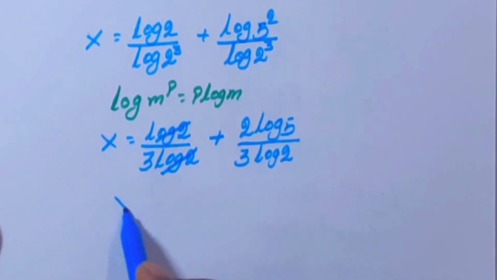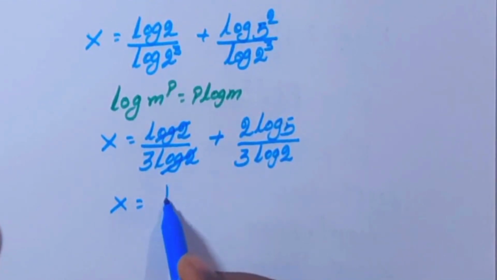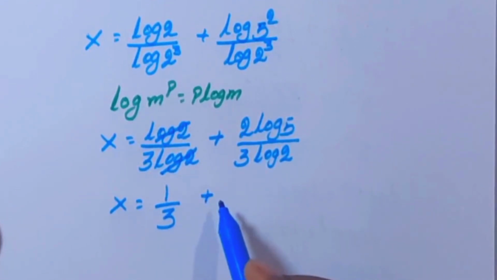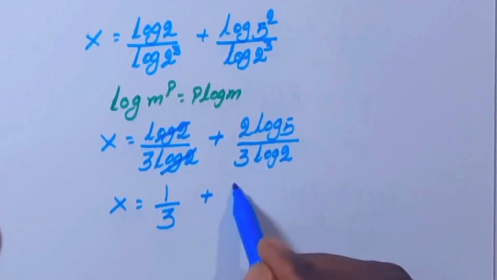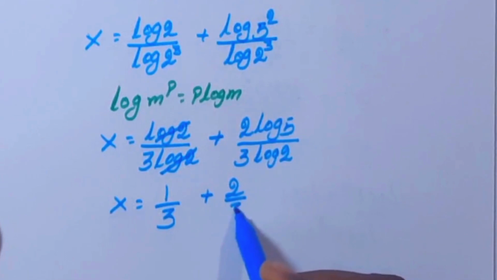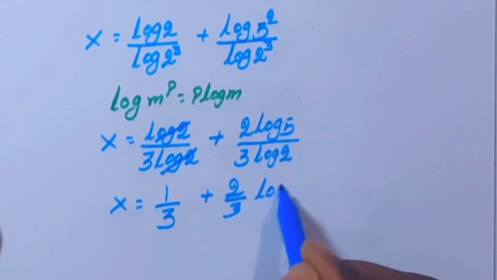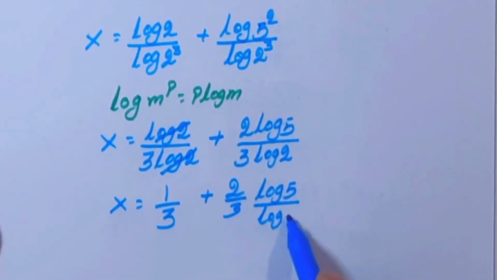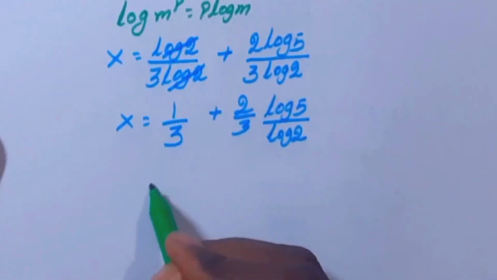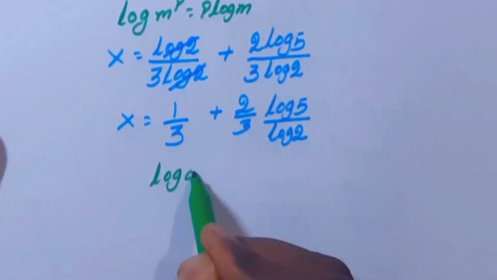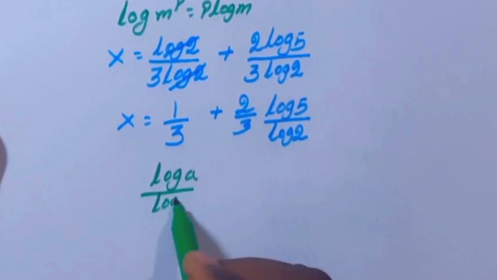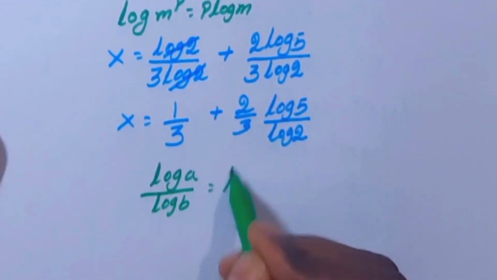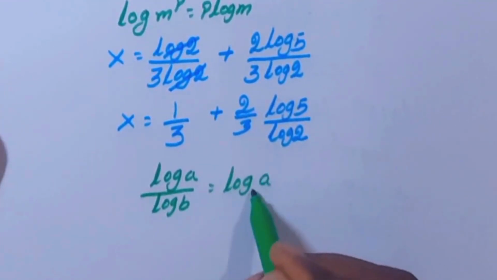So we have x equal to 1 by 3 plus 2 by 3 log 5 by log 2. Log A by log B is log A base B.